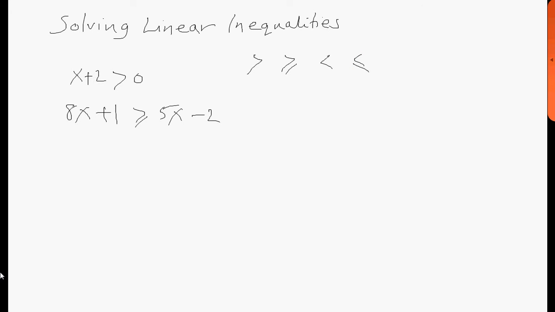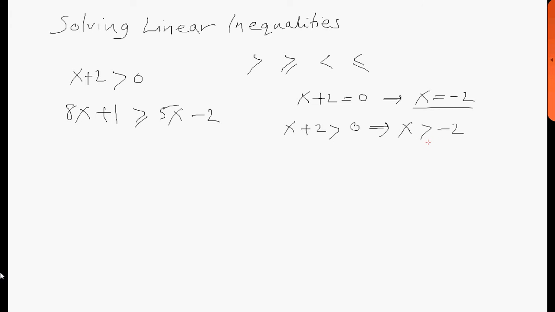When you're solving a linear equation like x plus 2 equals 0, then the solution is x equals negative 2. It's only 1 point. But in the case of a linear inequality, the solution is always a set. So for example, if x plus 2 is greater than 0, then this implies that x is greater than negative 2.